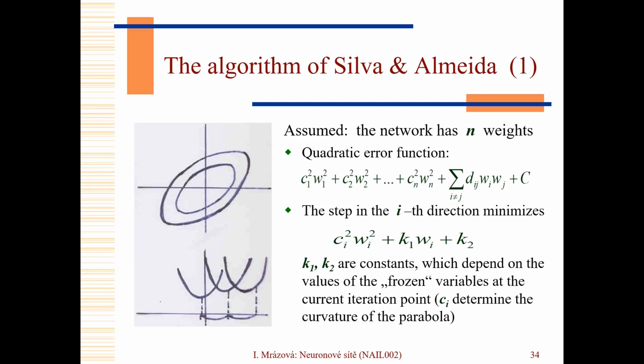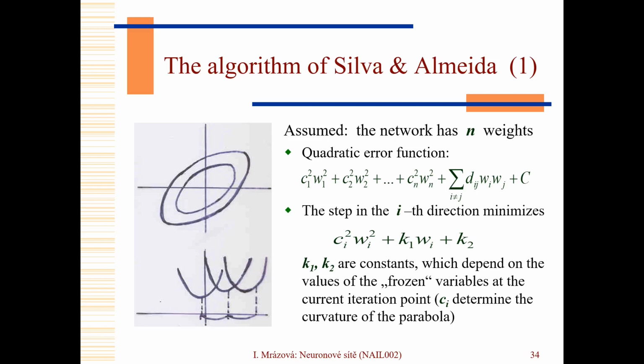Then the step in the i-th direction should minimize the term ci squared times wi squared plus some constant k1 times wi plus a constant k2. These constants k1 and k2 would depend on the values of the frozen variables for the other directions, for the other dimensions.